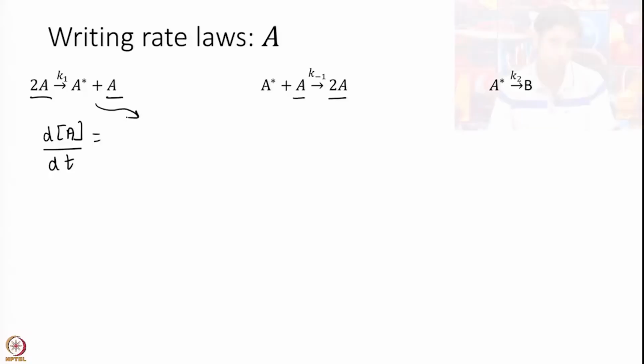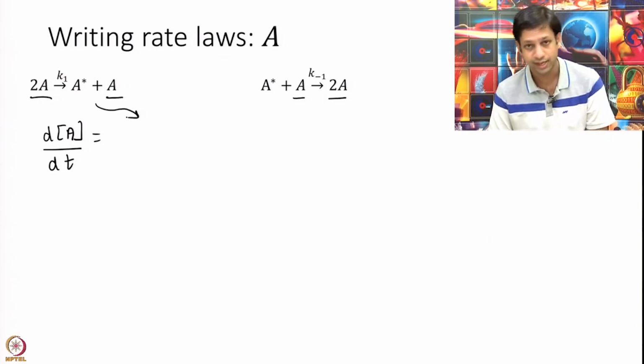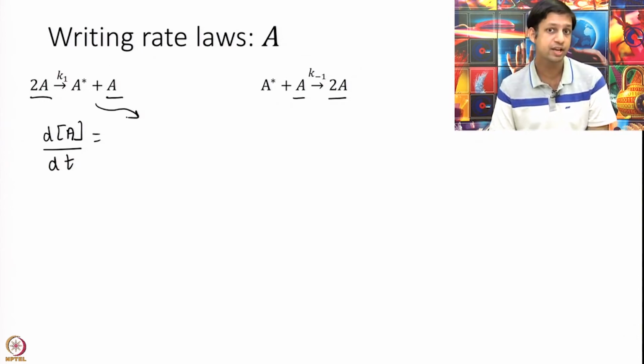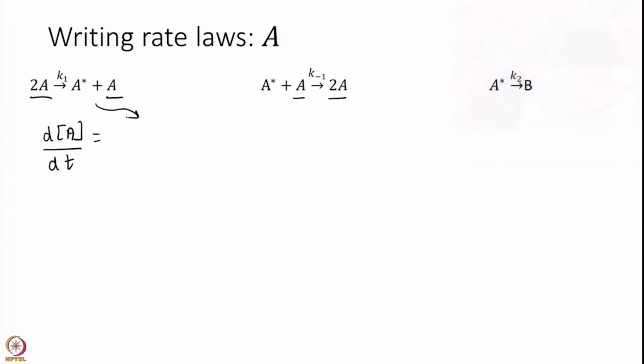So, what is the extent here? If 2 moles of A are consumed, 1 mole of A will be produced. Therefore, the extent is 1 mole of A consumed overall. So, what we have is minus K1 A square.